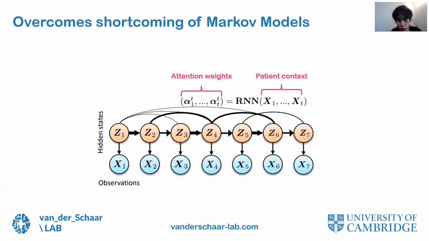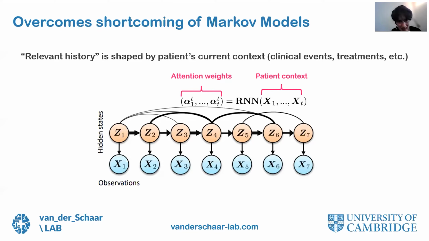Also, we are able to integrate in this way the patient context, both the static patient context, such as genetic information, but also over time, clinical events and measurements and treatments, which are shaping the current patient context and may project into the future.